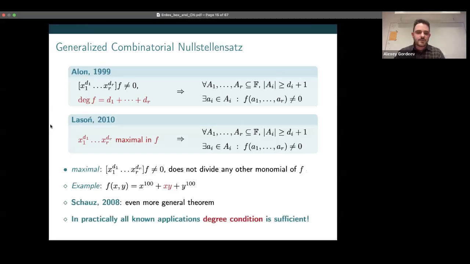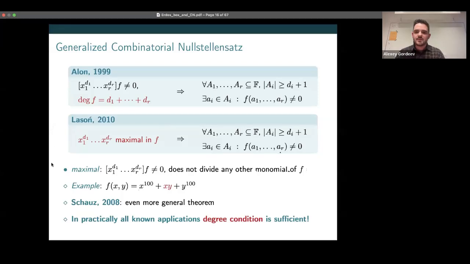So two things to note here. The first is that around the same time, Schaus proved an even more general theorem, which would take longer to state. I won't do it here because we don't really need a stronger statement.